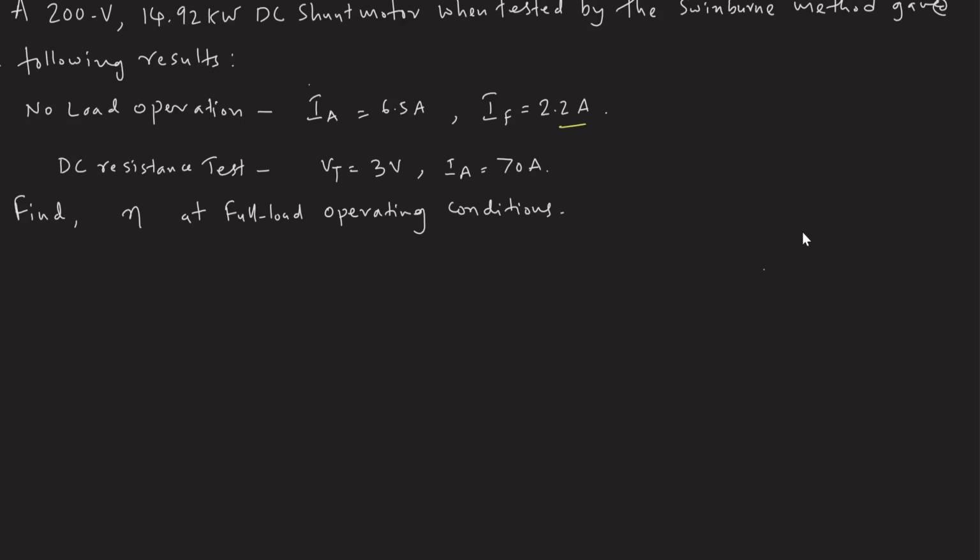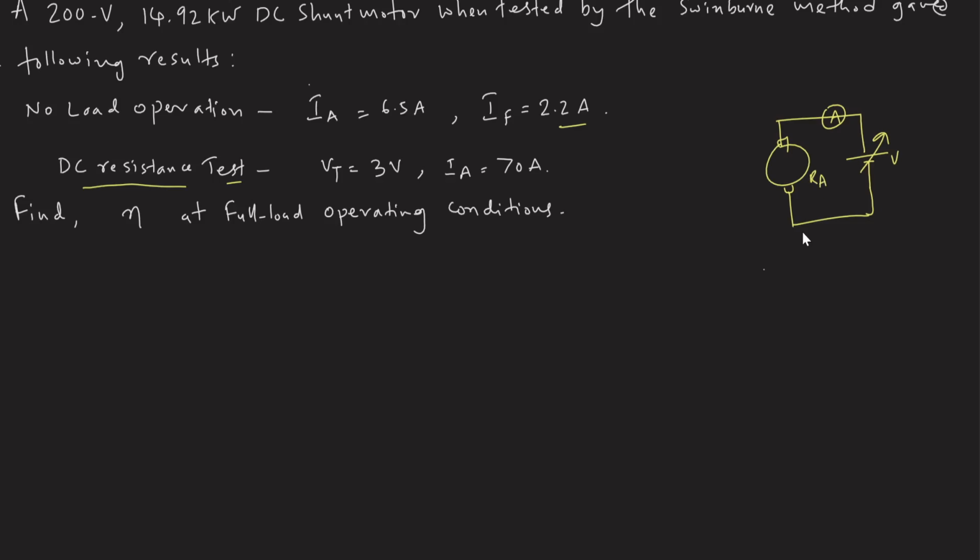And the DC resistance test, what do you mean by DC resistance test? At standstill, we just apply a small voltage to the armature, and we measure the current, because only the opposing resistance to this voltage is RA.